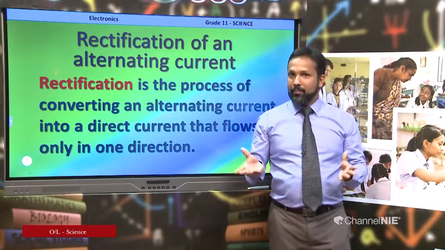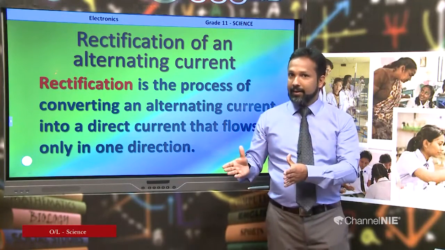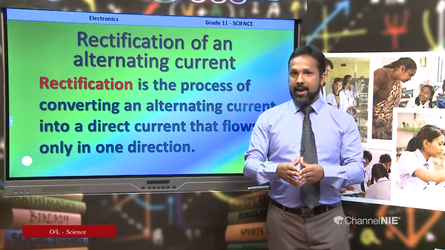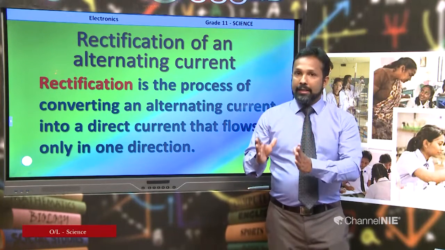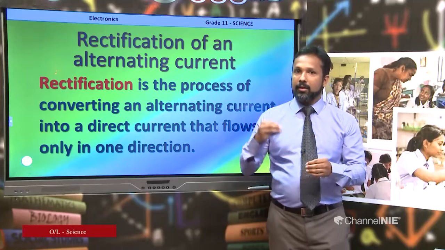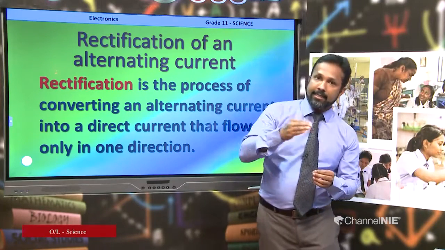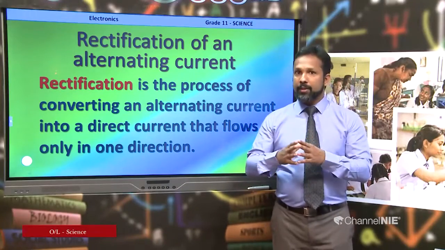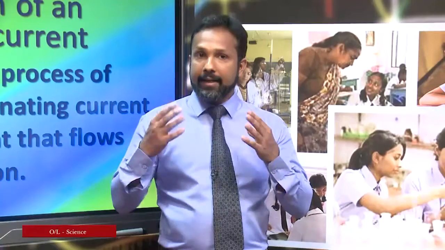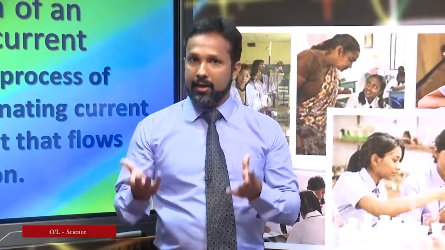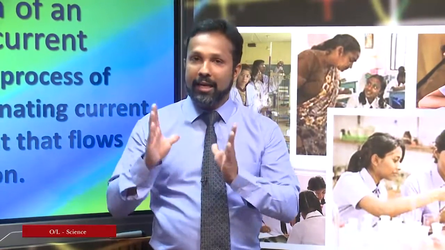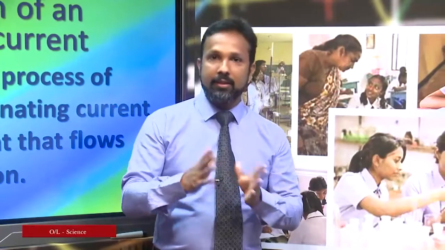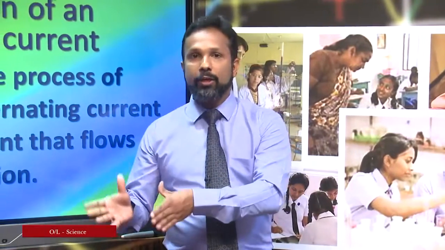Because you can remember at the beginning we studied that alternating current is a current that alternates its direction 50 times per second, but direct current is a current that flows only in one direction, that means from the positive terminal to the negative terminal.